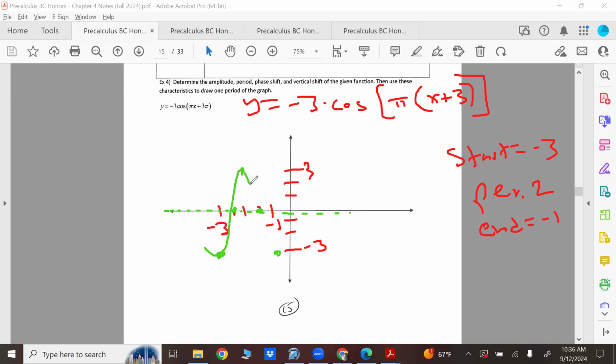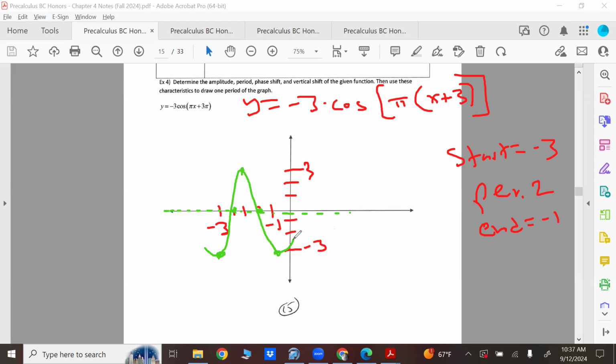If you want to verify, plug in -3 for x. That's going to be cosine of 0, which is 1. -3 times 1 is -3. You're probably going to say, that's like -3/2. Add that to 3 pi, that'll be 1.5 pi, which is -1. -3 times -1. Sorry, let me do that. That was 0.